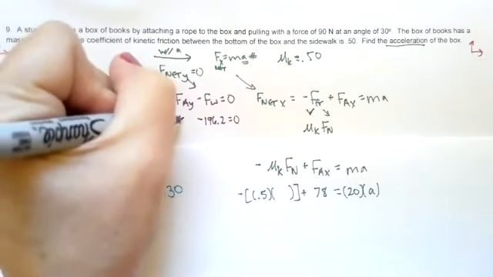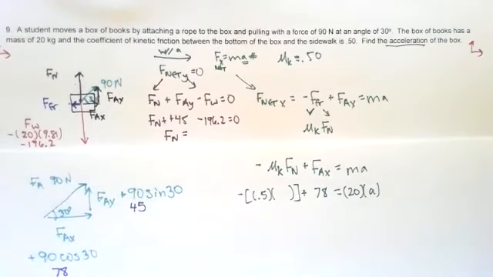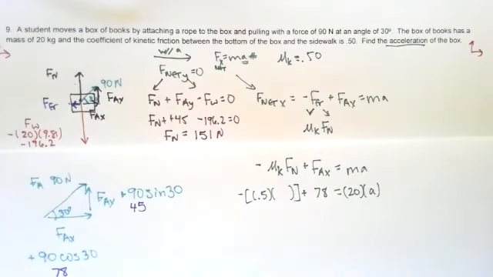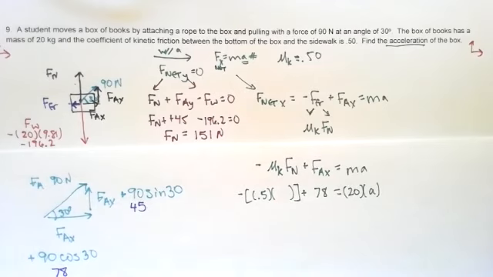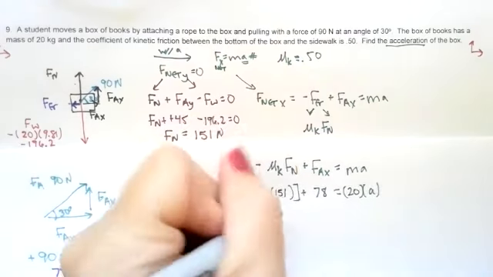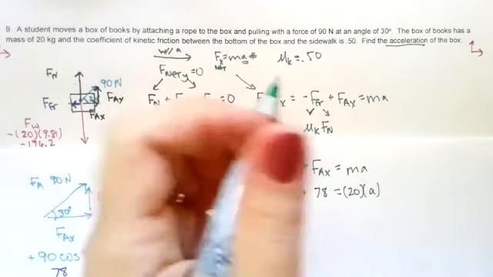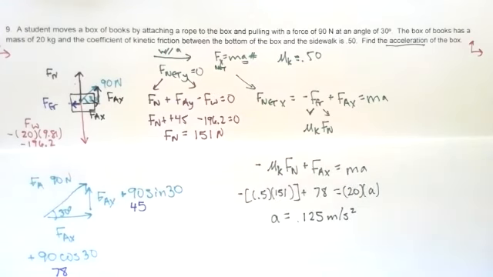FAY is positive 45. That gives me an Fn of 151 newtons, which is the last piece I need to bring in down here. When I do my algebra, I end up with, remembering this is negative, what do I get? 0.125 meters per second squared.